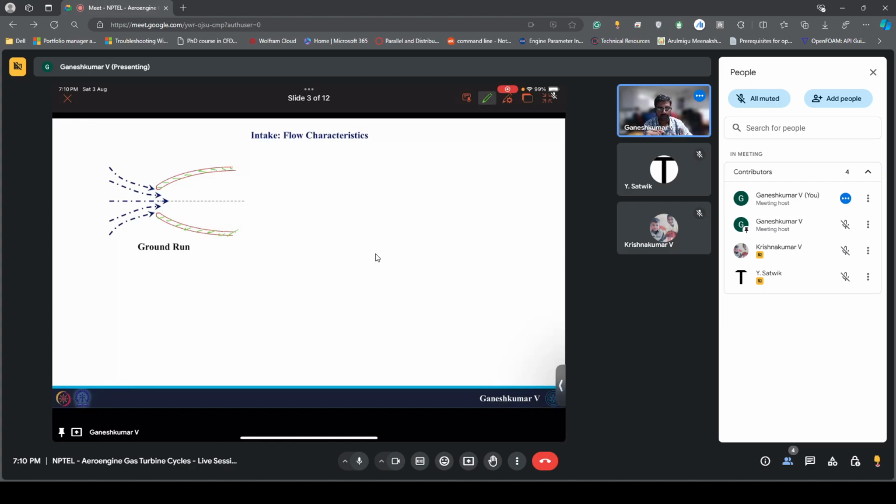So air is entering the intake. When it is entering the engine, you can see that these dotted lines are all streamlines. This is the route by which air enters, basically. These dotted blue lines.